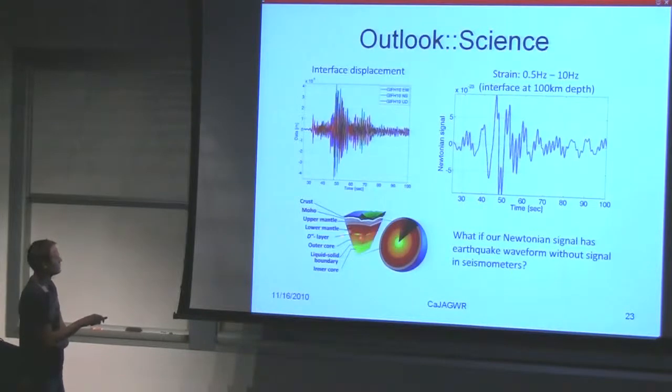So for example, we can even see waves propagating at the mantle-core boundary, and maybe even cooler, we can see modes of the core, like the solid inner core. The problem with that one is that the reflection coefficient between the liquid outer core and the solid inner core is very small.